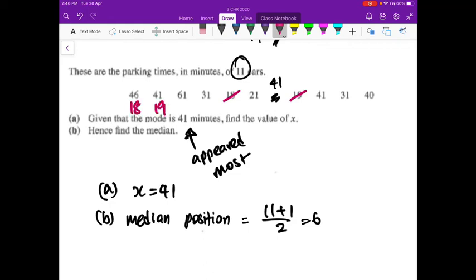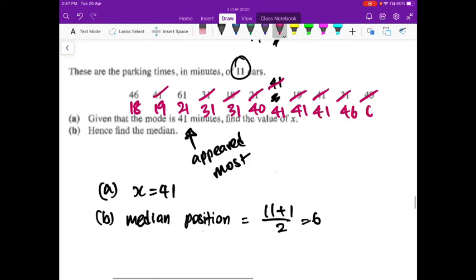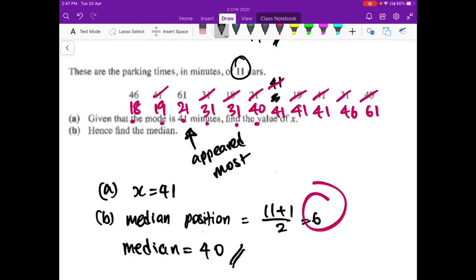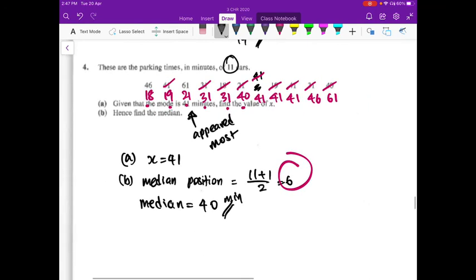What's next? 21. 31, then 31. 40. 41, 41, 41. 46 and 61. Now we find position number 6. 1, 2, 3, 4, 5, 6. Okay, so part B, median is 40 minutes. Okay, done.